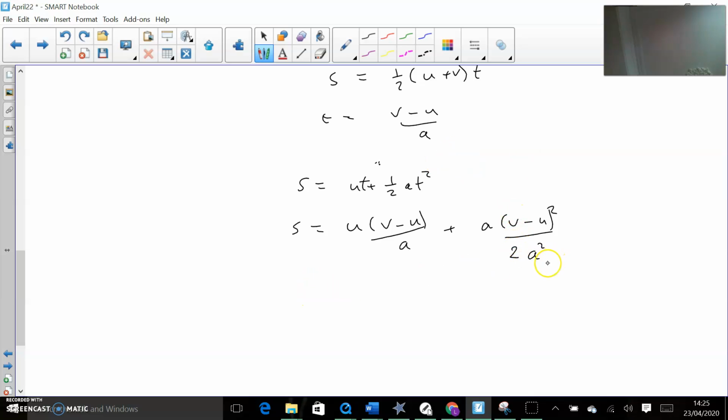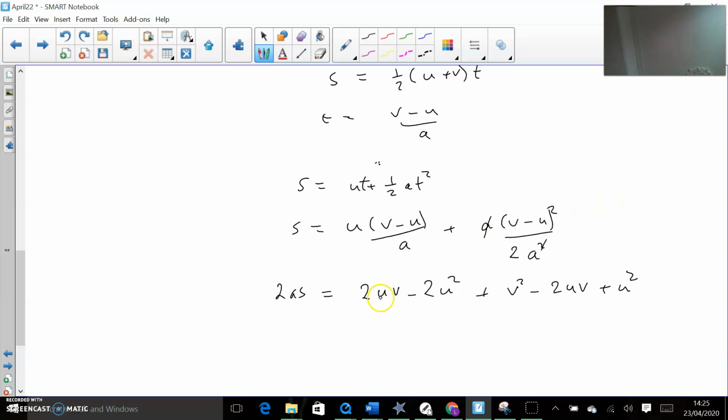So we can divide by a there and multiply everything by 2a. I'll get 2as on this side equals, I'm going to multiply that by 2, 2uv minus 2u squared plus v squared minus 2uv plus u squared by squaring out that binomial.